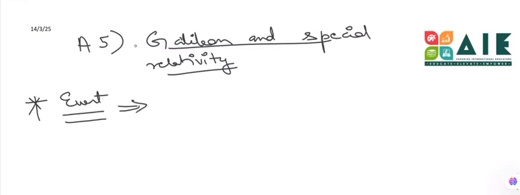An event is some change that takes place at a point in space with respect to time.